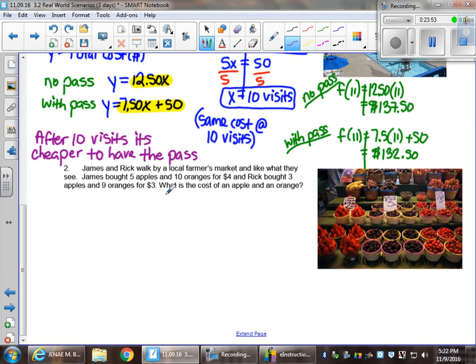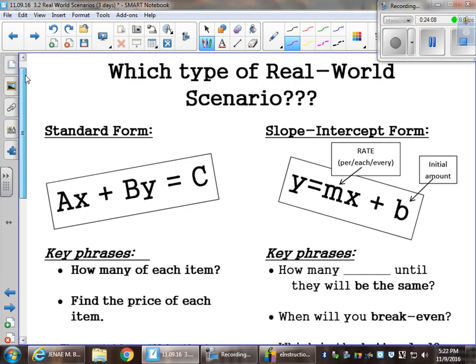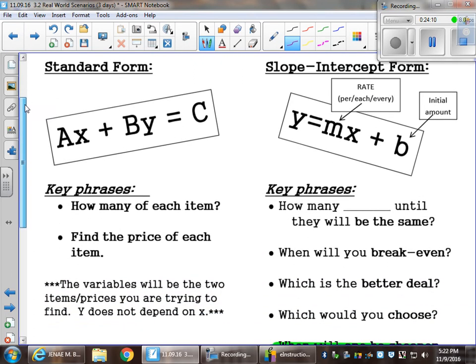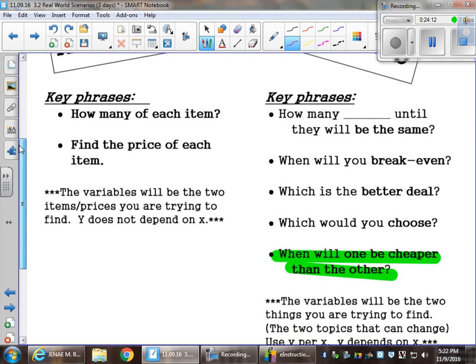Our focus is going to be on this question. What is the cost? So go ahead and underline the question. What is the cost of an apple and an orange? Well, looking at my little worksheet over here, what question does that sound like?